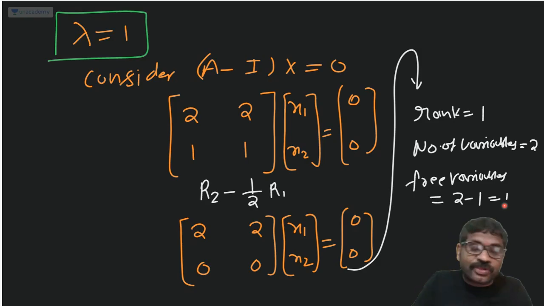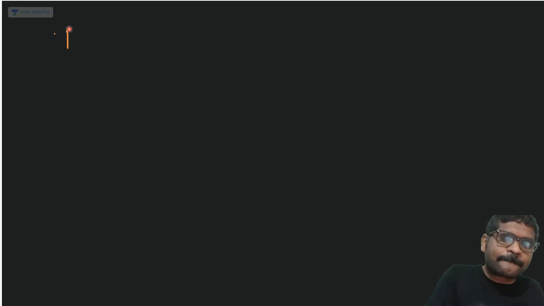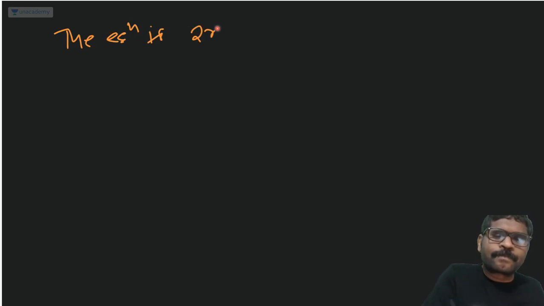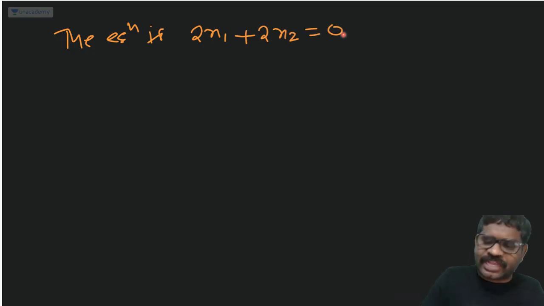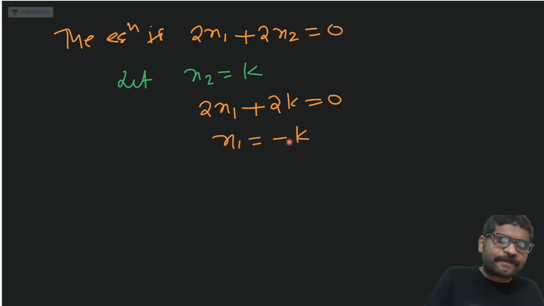And now write the equation. The equation is 2x1 plus 2x2 equal to 0. Now let us take one variable as k. 2x1 plus 2k equal to 0, x1 equal to minus k.